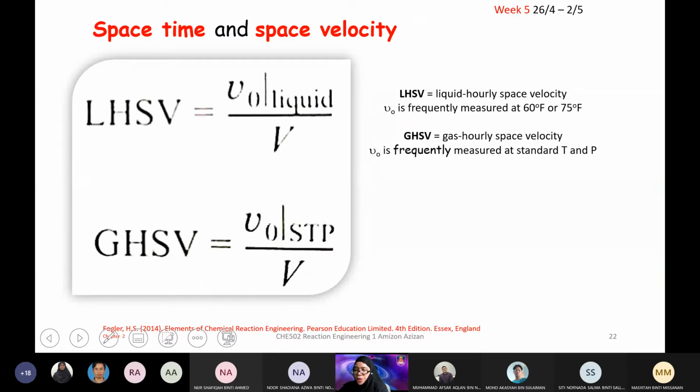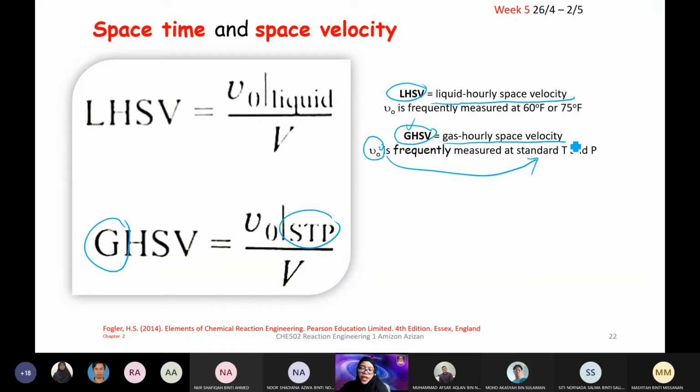Now we're going to go into the different terms that we have, LHSV and GHSV. GHSV is the gas hourly space velocity, and LHSV is the liquid hourly space velocity. The gas hourly space velocity depends on the volumetric flow rate, which is measured at standard temperature and pressure, STP.